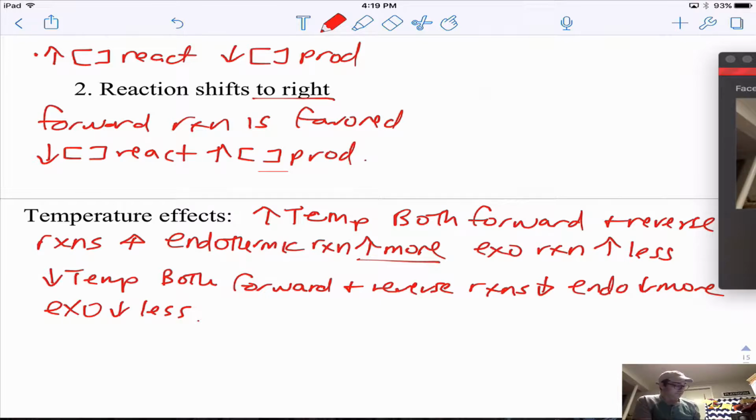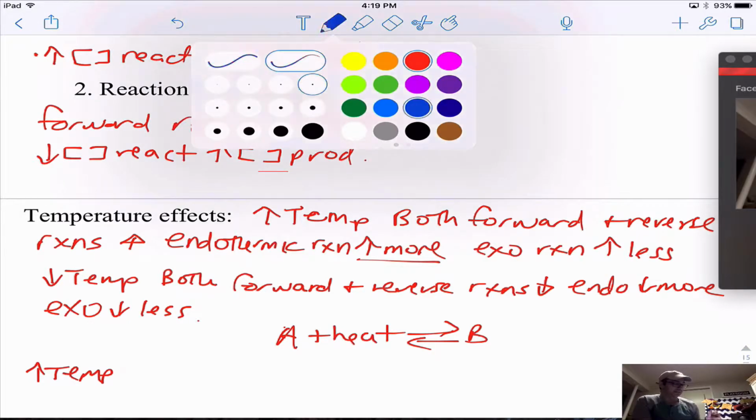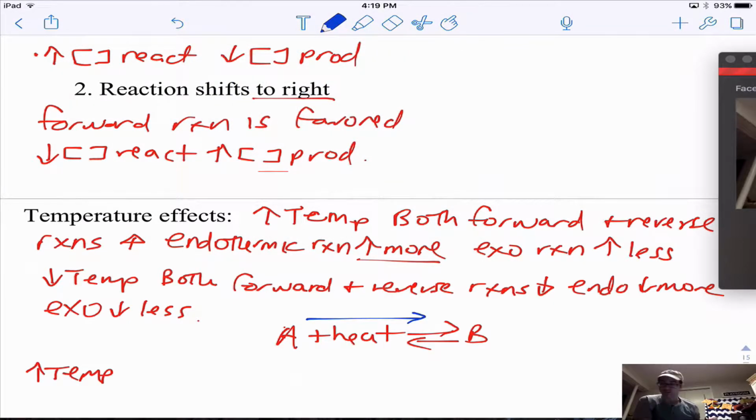What does a problem look like? Well, if you had something like A plus heat goes to B, if I increase the temperature, the endothermic reaction will be favored. And in this case, the endothermic reaction is going forward. So this is endo.